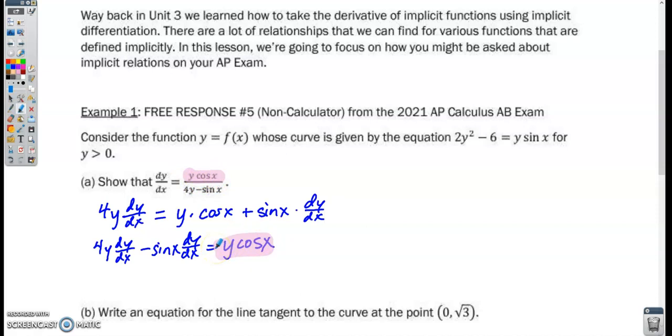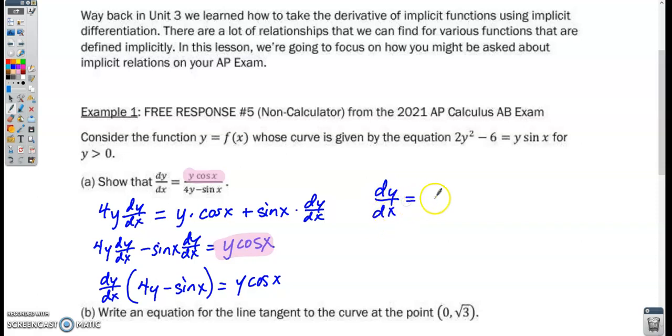So there's no need to change that. That's exactly what we want. And then we factor dy/dx out of here, and we divide both sides by the quantity 4y minus sine of x, giving us dy/dx equals y cosine of x over 4y minus sine of x.